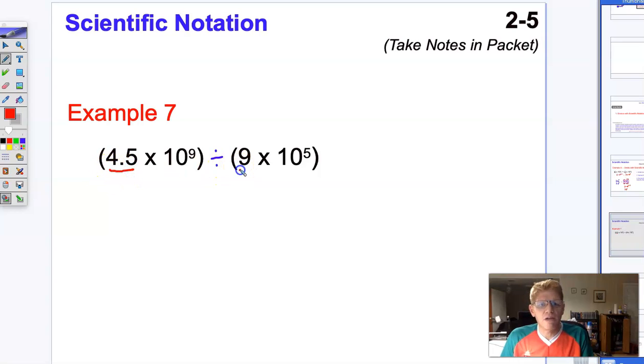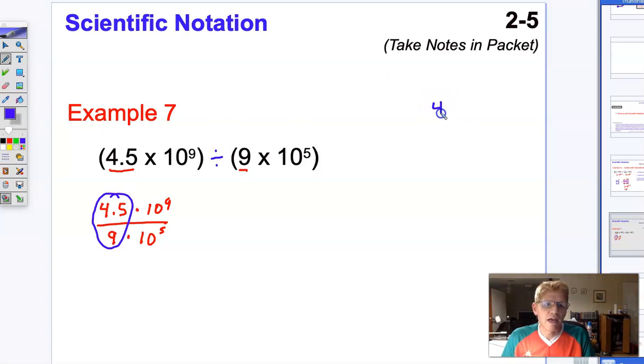We're going to divide the two constants, and then we'll divide the two exponents. So what we'll wind up with is, and I'll write them on top of each other like you're familiar seeing them, 4.5 times 10 to the 9th over 9 times 10 to the 5th. So the first thing that we will do is we're going to divide our two constants here.